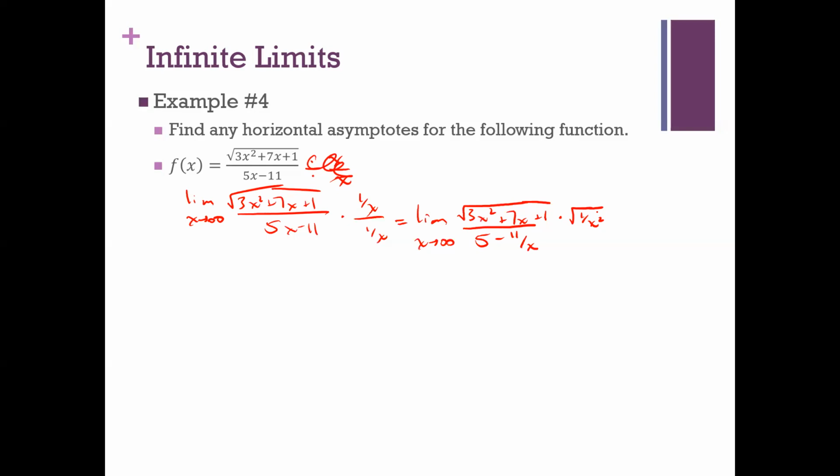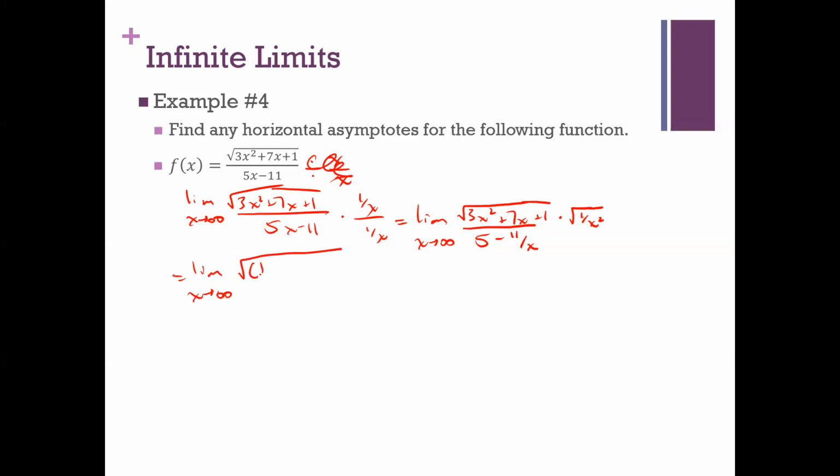I mean, they're equivalent things. So I write it like that because that helps me do this. Now I have 2 different expressions under a square root. I might as well just combine them.